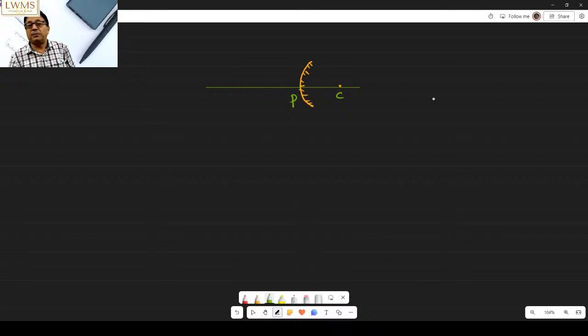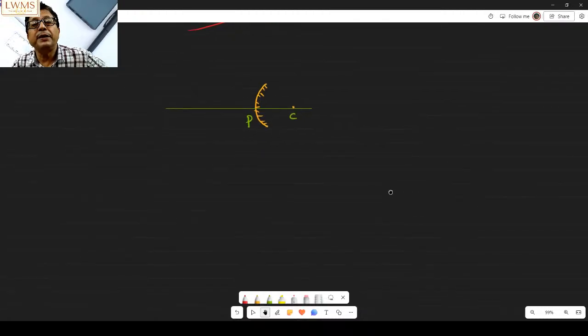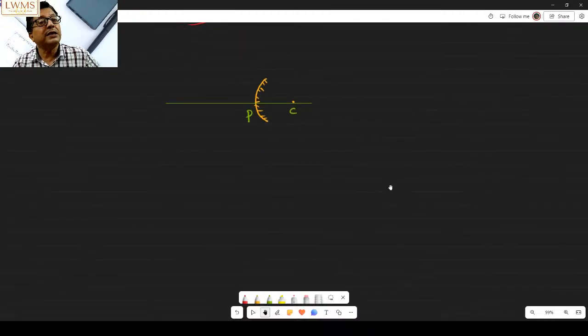How will the image be formed? This is very important: tracing of the image formed by a mirror. A clear concept should be there. This will obey the law of reflection, which we should keep in mind because we are considering reflection on a spherical mirror.